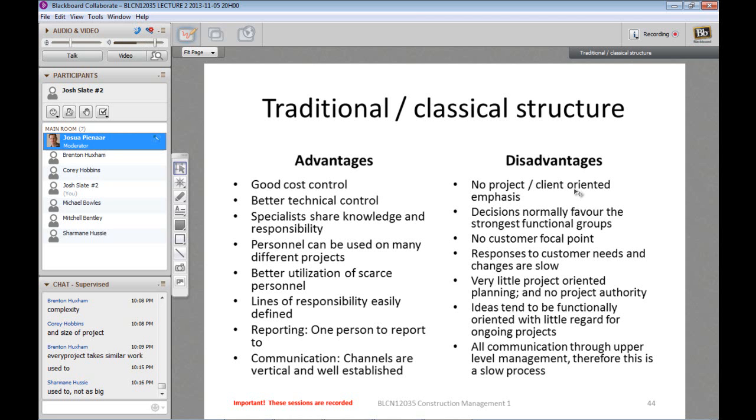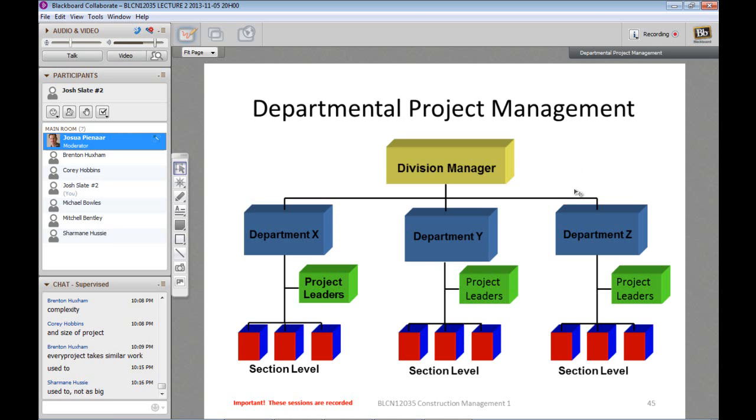The bad thing about these structures, of course, is that it becomes a bottleneck. If you have only one manager at the top who has to approve all of the decisions, it becomes a bit of a delay when that person is overloaded or too busy, and it leads to some delays down the street.